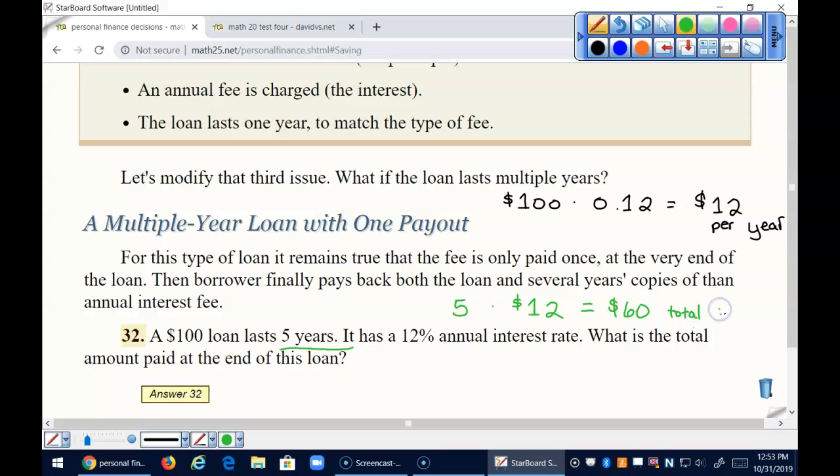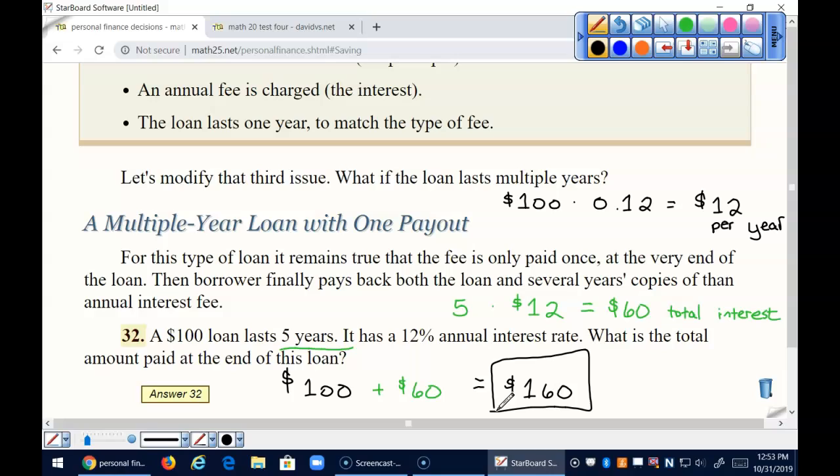Now our fee, our interest, is 60 instead of 12, because we've had 5 times as long. So then how much do we pay back? We still have to pay back the original principal. We now have 60 of interest. So there we go.